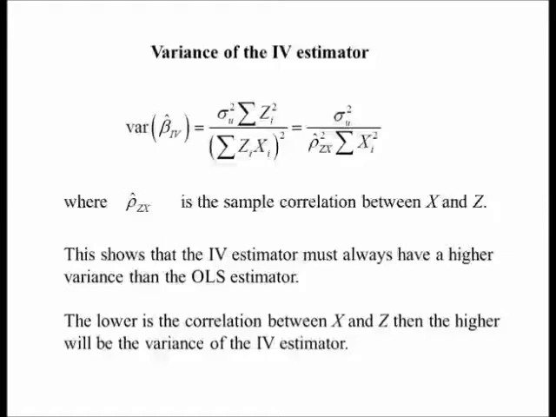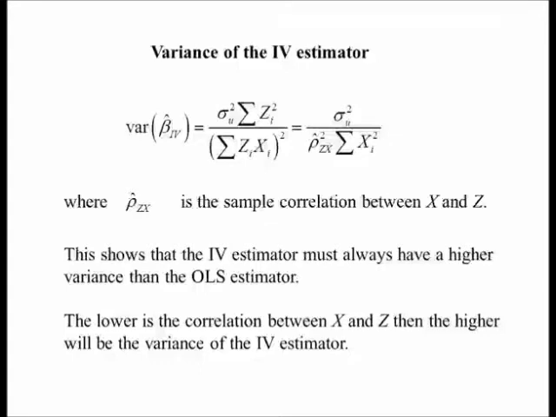Now, the problem with that is that rho hat is a correlation here, so rho hat squared must lie between 0 and 1. If you think about it, the correlation must lie between -1 and +1. So if we take a correlation and square it, then it must lie between 0 and 1.